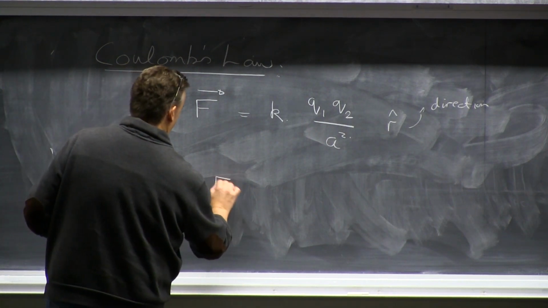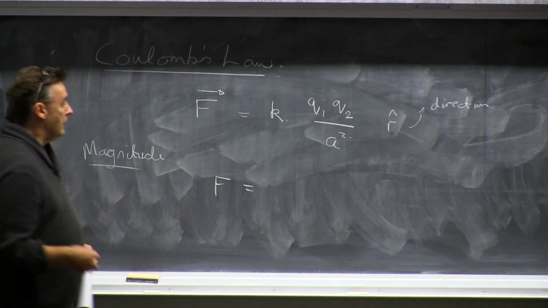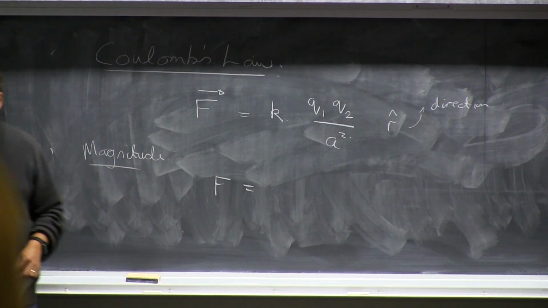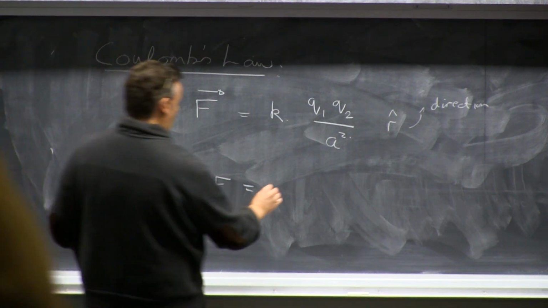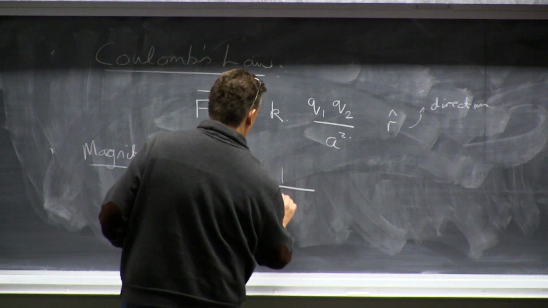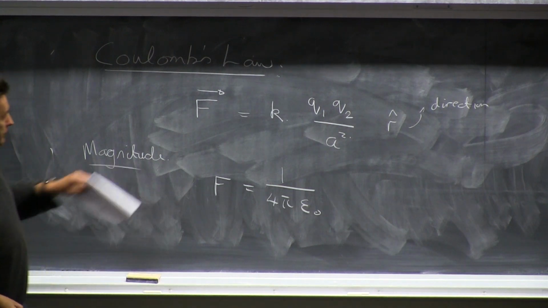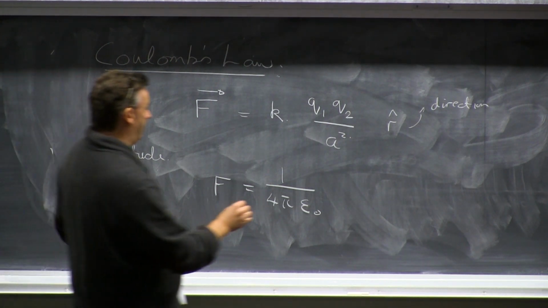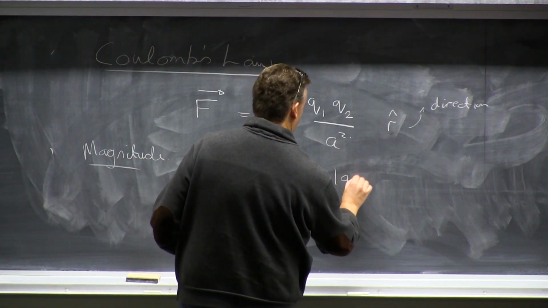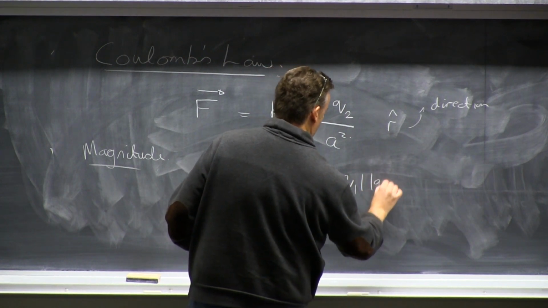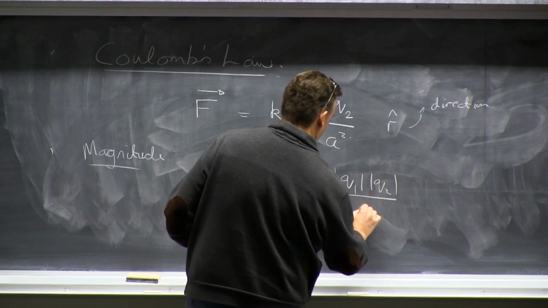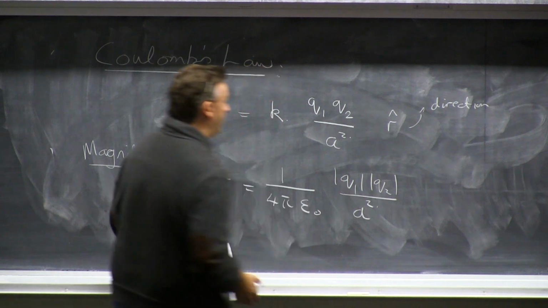You also see the magnitude written as force equals, and I'll write k in a different sense in terms of basic constants. That's 1 over 4 pi, a thing called epsilon naught, which we'll define in a second. Again, the magnitude Q1 Q2 over A squared.